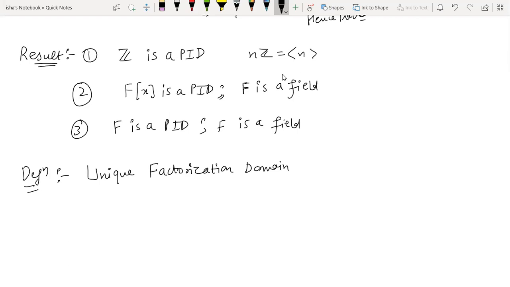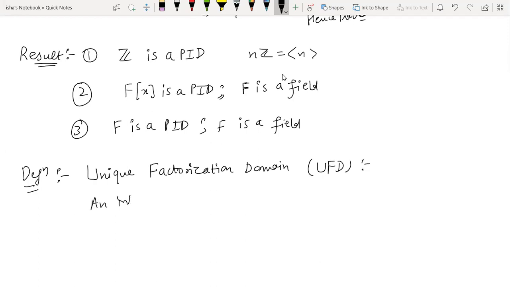So more examples will be there in the assignment. You can practice from there. So let me go ahead with the definition of UFD. Just like PID is an abbreviation or short form of saying principal ideal domain, for unique factorization domain we call it UFD.